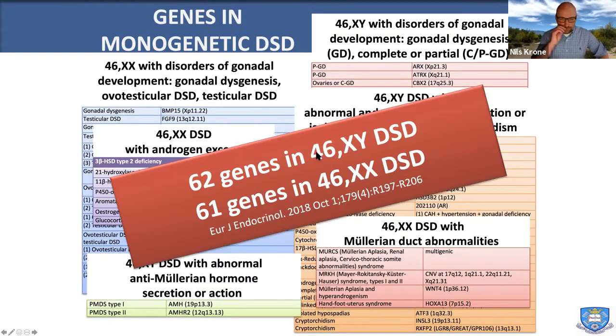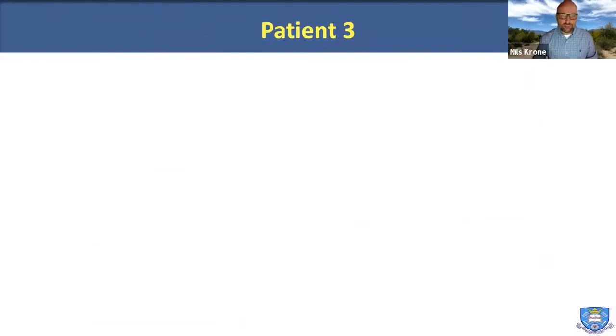This was a review we've written as a guidance document on how to do the genetic diagnosis. This is now 2 years old, and I'm not saying it's hopelessly outdated. So with 62 genes with 46XY DSD, 61 with 46XX, and there have been a few more since. The point is, if we want to do an analysis step by step, it might take an eternity to analyze all that stuff.